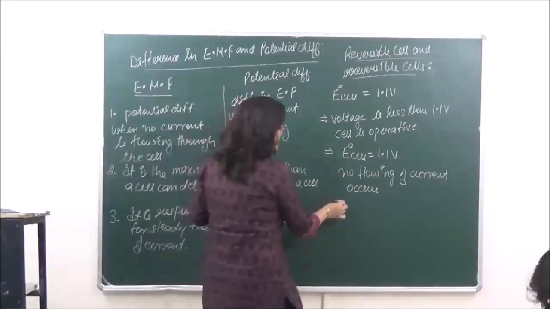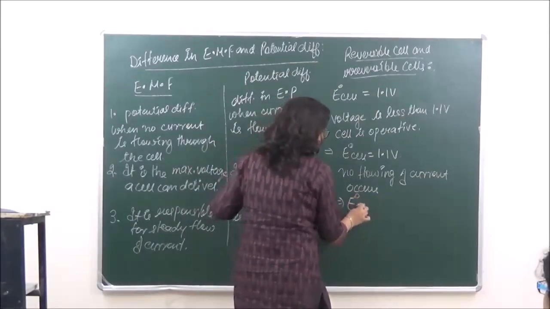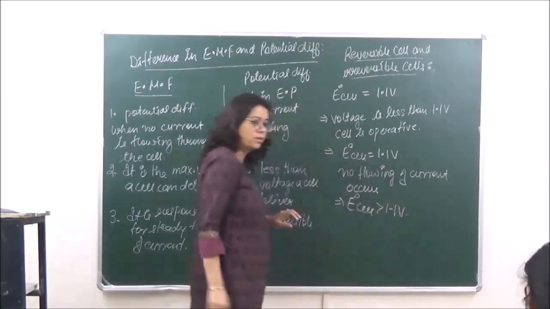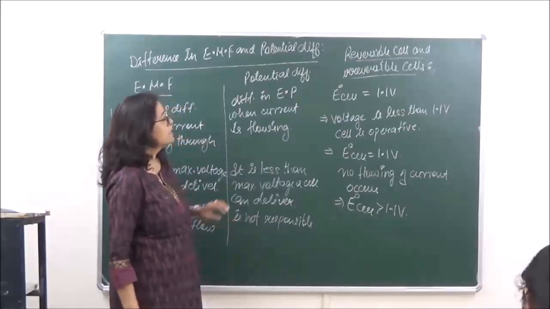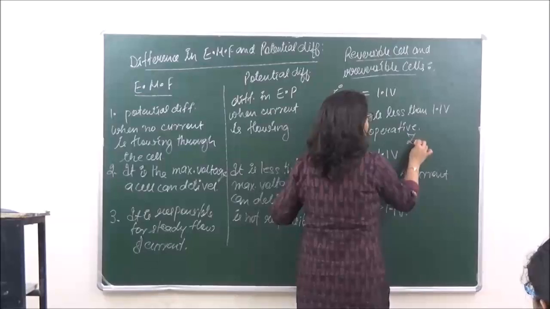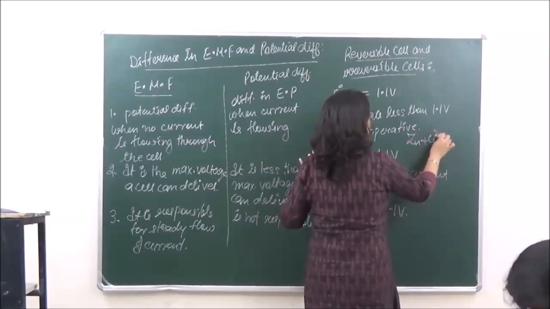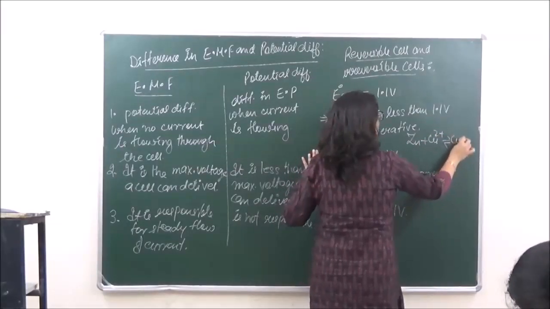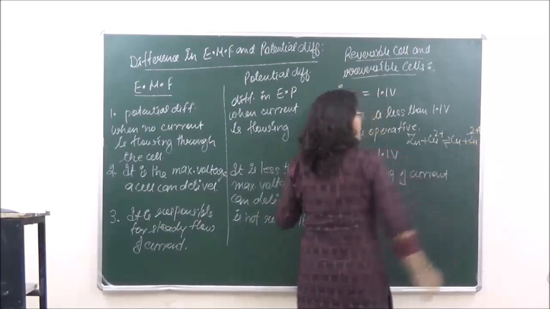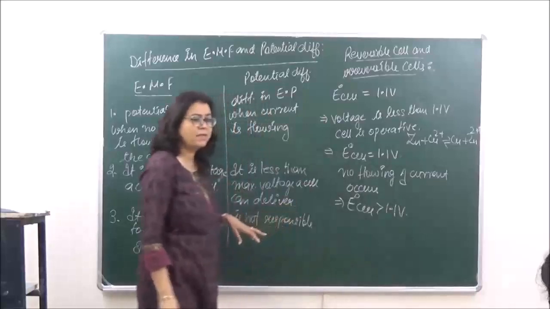But once the E naught cell becomes greater than 1.1 volt, right? When it is less than 1.1 volt, till that time the reaction of the galvanic cell is Zn plus Cu2 positive to give us Cu plus Zn2 positive. This is the reaction which we had done when we were doing the galvanic cell.